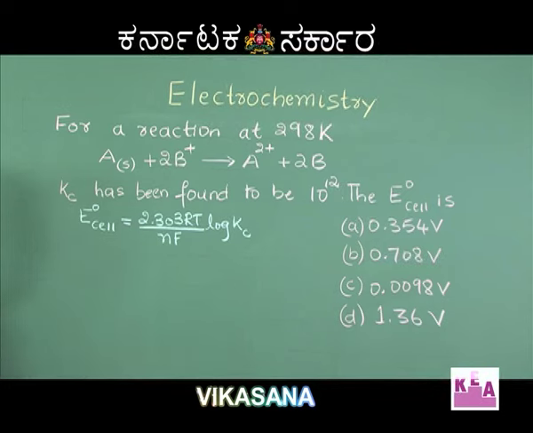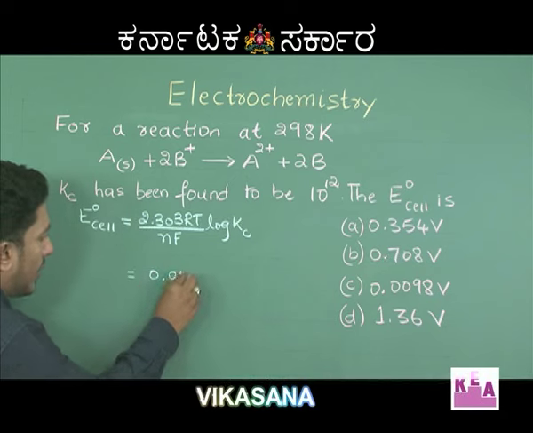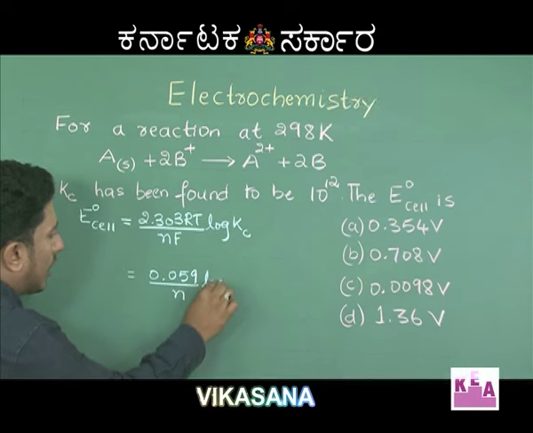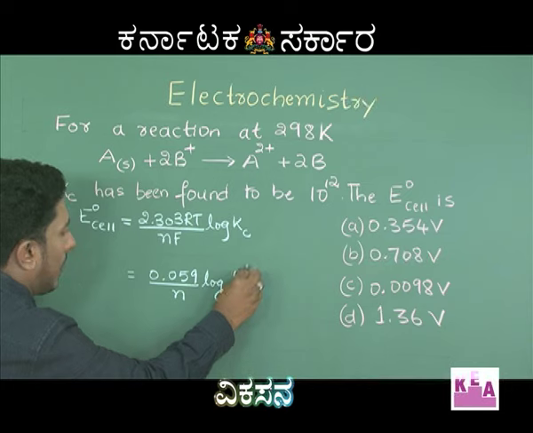At a temperature of 298 Kelvin, 2.303 RT over F will be equal to 0.059. Hence, the equation gets reduced to 0.059 divided by n log Kc. The Kc value is given to be 10 to the power 12.